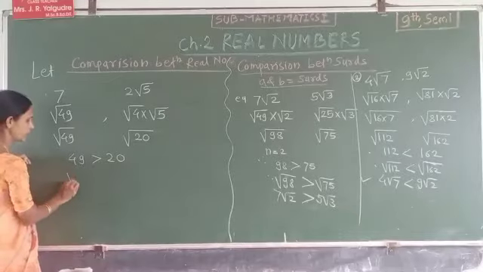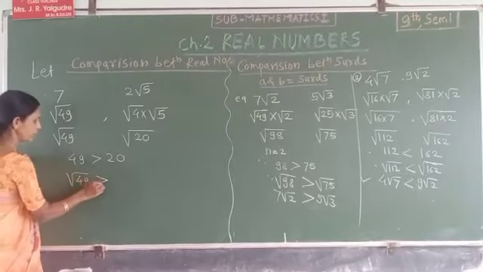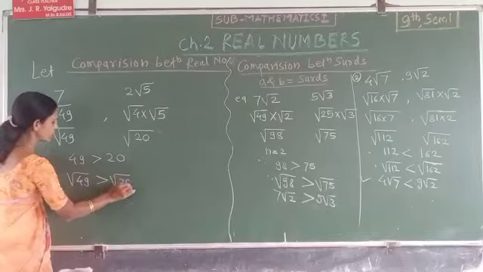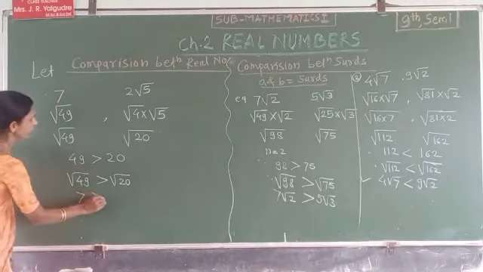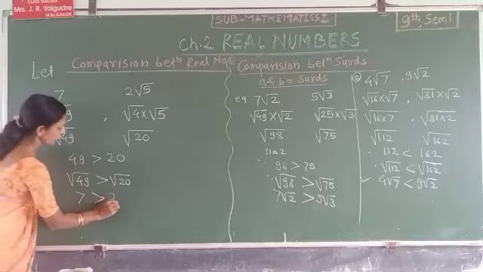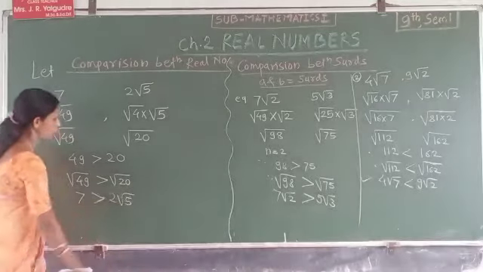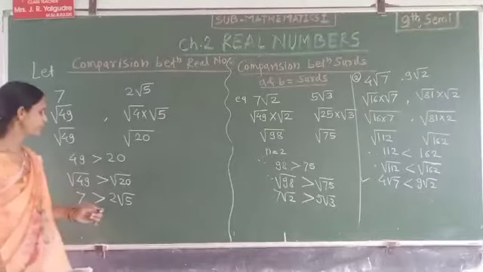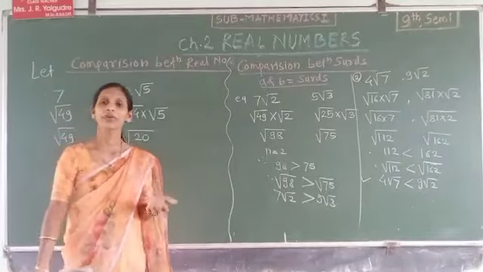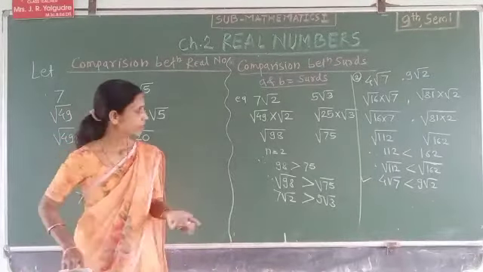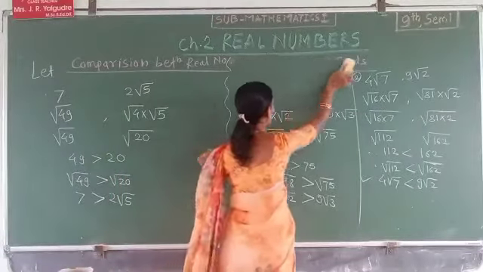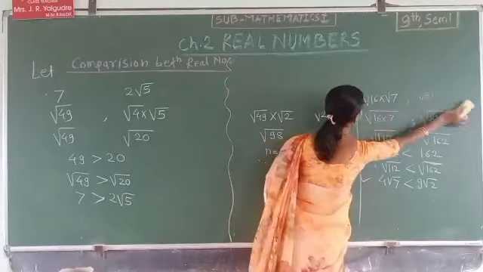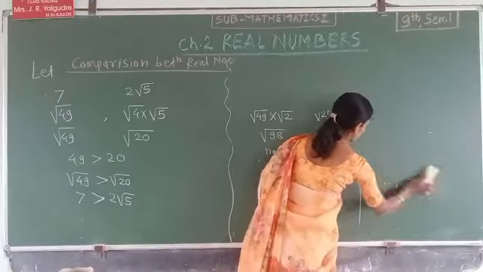Therefore root 49 is greater than root 20. Therefore 7 is greater than 2 root 5. Then we can compare between surds as well as we can compare rational numbers and surds.